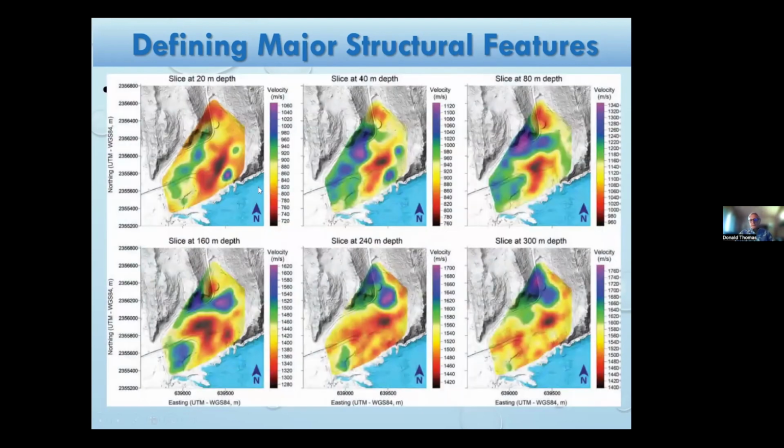This is a result of Niels Grove's team out near Sandy Beach, and each of these images is a horizontal slice through the geology of the area, allowing them to identify the seismic velocity and then infer that the zones where the seismic velocities are higher are the zones of more pristine basalts, and differentiate those from the lower seismic velocities, which are likely sediments.